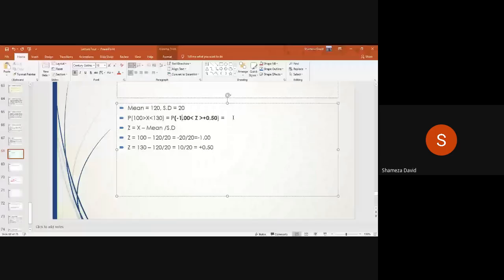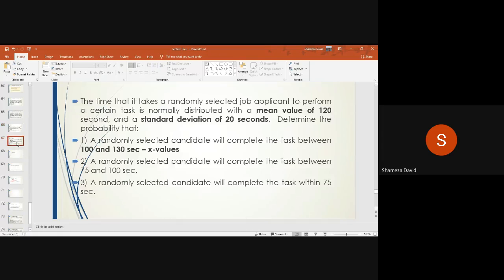That will be equal to what we just got, 0.3413 plus 0.1915. When we add those two, we get 0.5328. For the probability, let's put back the question that we're trying to answer.